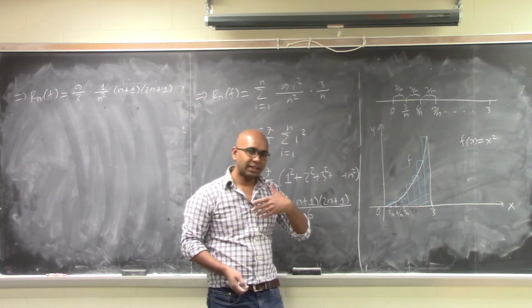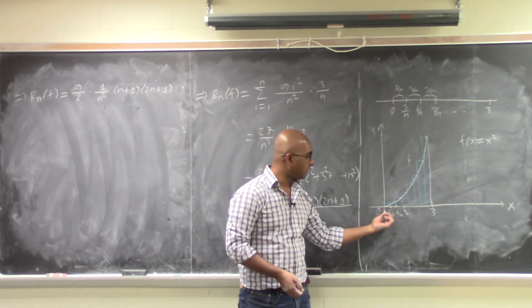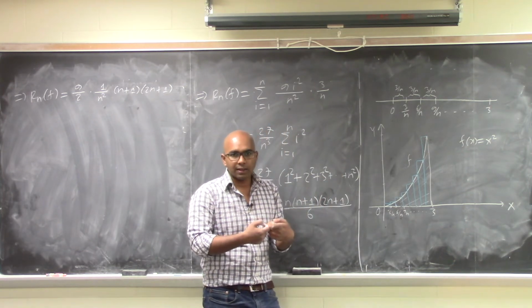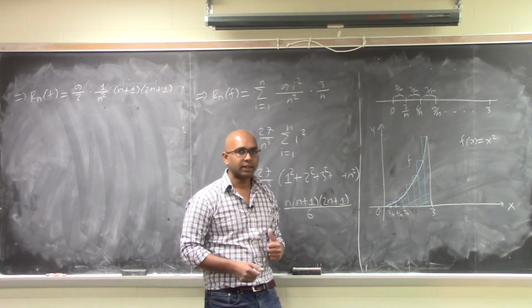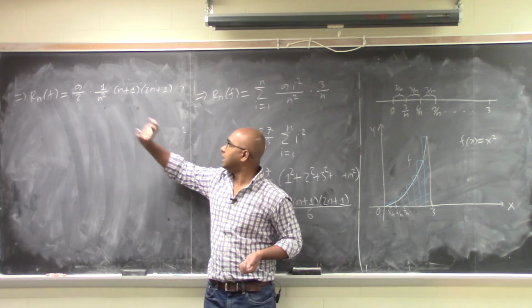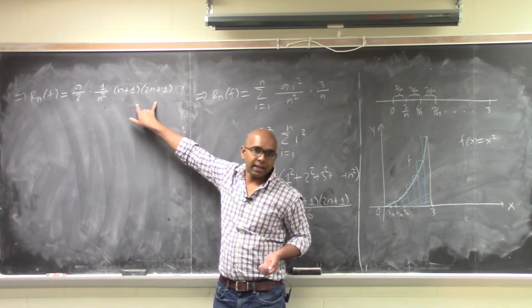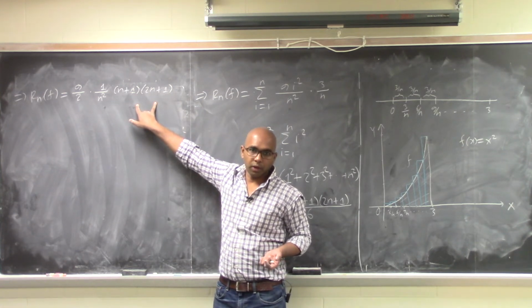If n is going towards infinity, the length of each subinterval, 3 over n, is going to 0. That means the norm of this partition is going to 0. That's what I need. So what I need here is to take the limit of this guy as n approaches infinity, and that's going to be the integration of this function on this interval.